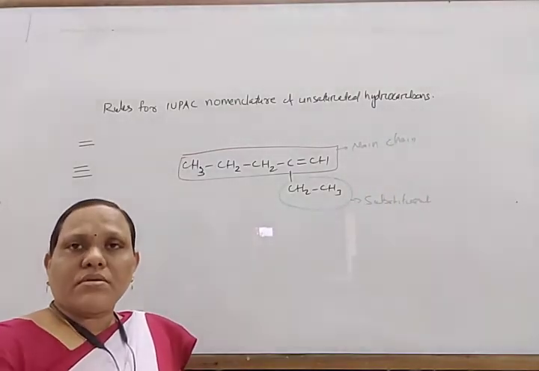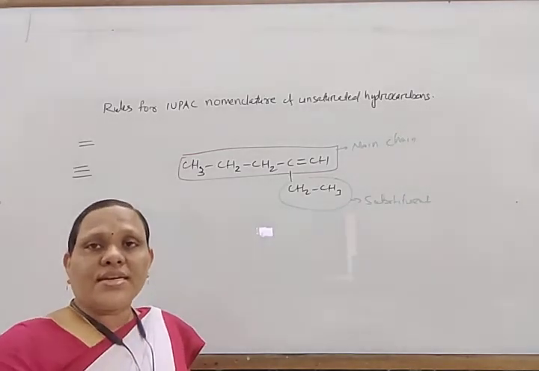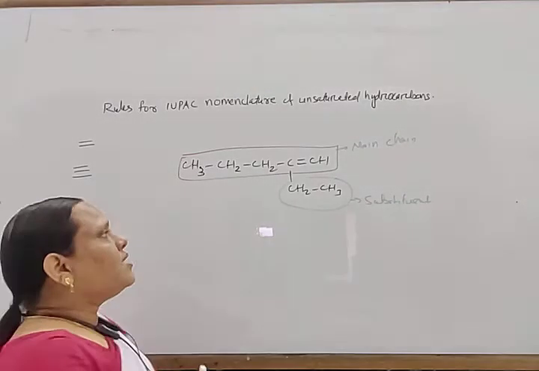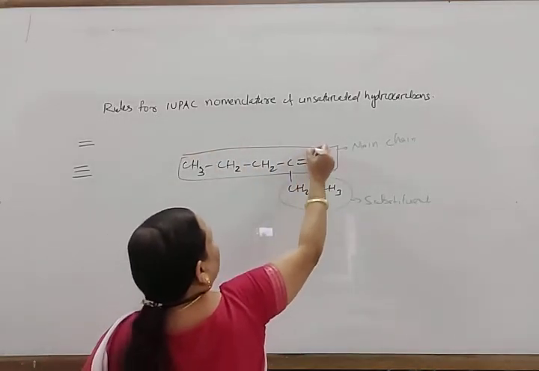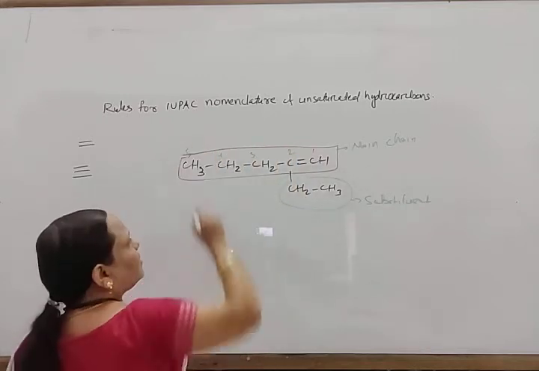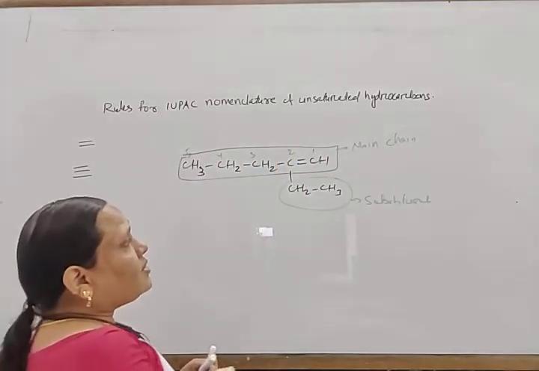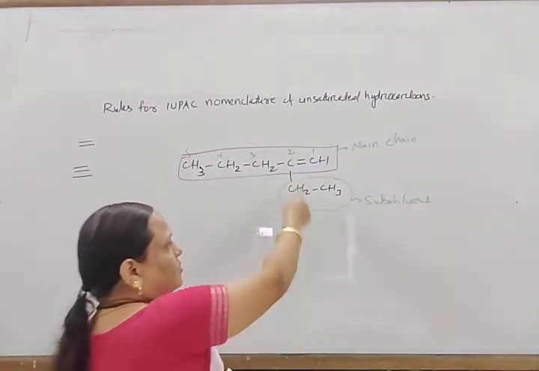Then you have to number the carbon atoms in such a way that the double bond gets the lowest number, the lowest position. So 1, 2, 3, 4, 5. As it contains the double bond, the lowest position is 1. And now this is the substituent.